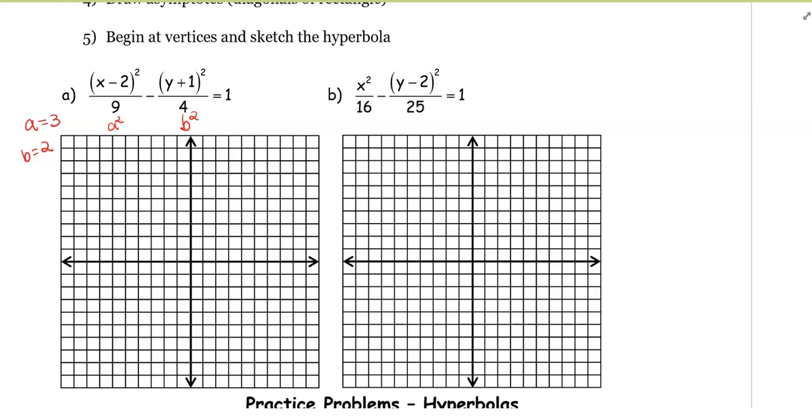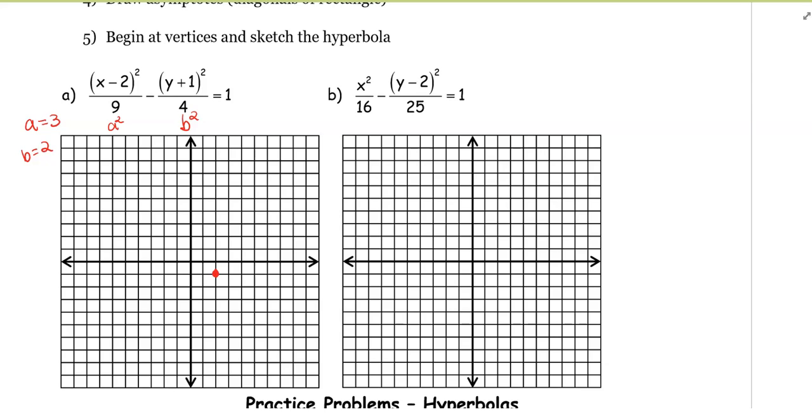But first I think I want to plot my center. So let's go ahead and do that. My center will be at (2, -1). And now I'm really comfortable getting into deciding those axes and taking that time to draw that rectangle.